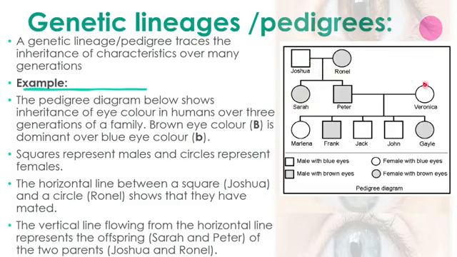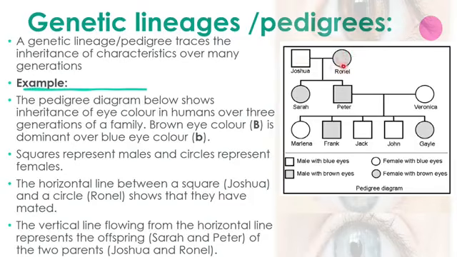So all the white circles and squares, go and fill in their genotypes, because you know that for a person to have blue eyes, seeing that blue is the recessive trait, both the alleles must be small letter b. So if we go back to Joshua, the father, both his alleles must be small b, small b. We don't know what Runel's alleles are.